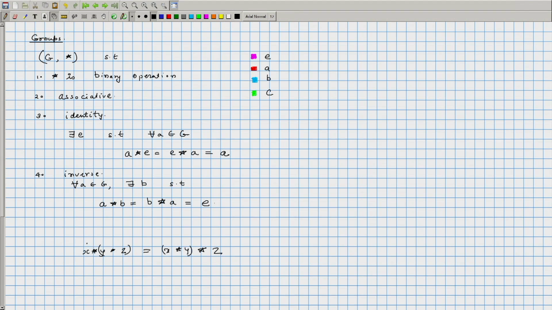Okay. If x is identity, so we have to verify for all cases. If x is identity, then what we have here is y star z, that is because E combines with anything to leave it unchanged. Okay.